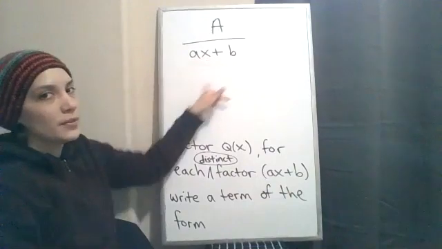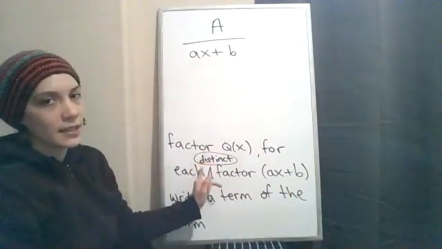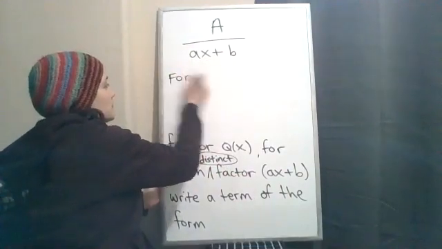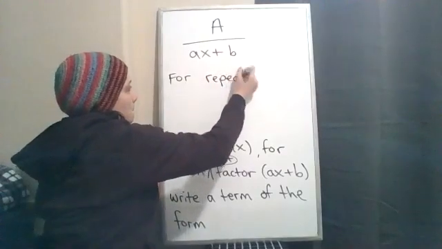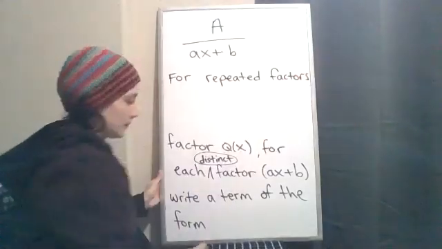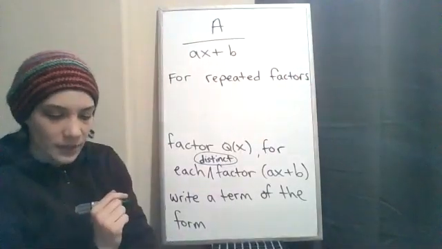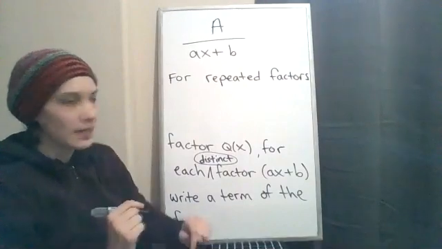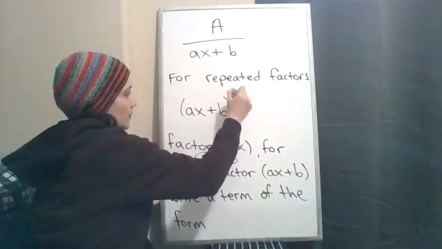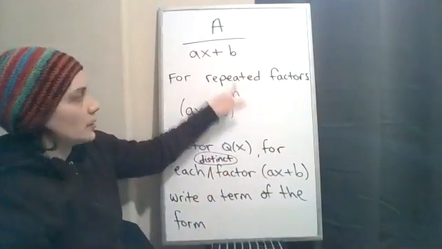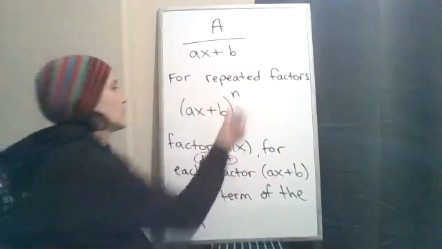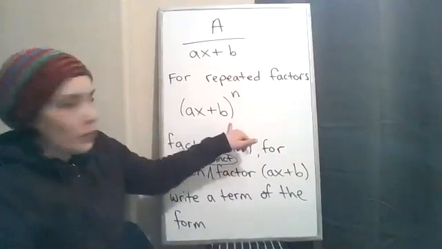Okay, for repeated factors, they aren't distinct, there's more than one. You have something like ax plus b to a power n. It's repeated, so n is greater than 1. It's not the power 1, it's like squared or cubed or more.